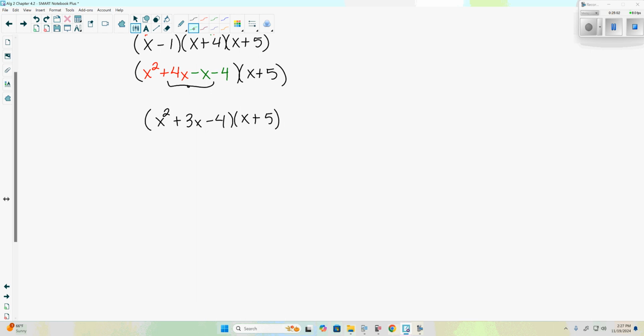Now at this point here, again, we're going to distribute. We're going to do x squared times x, which is x cubed. X squared times 5 is plus 5x squared.